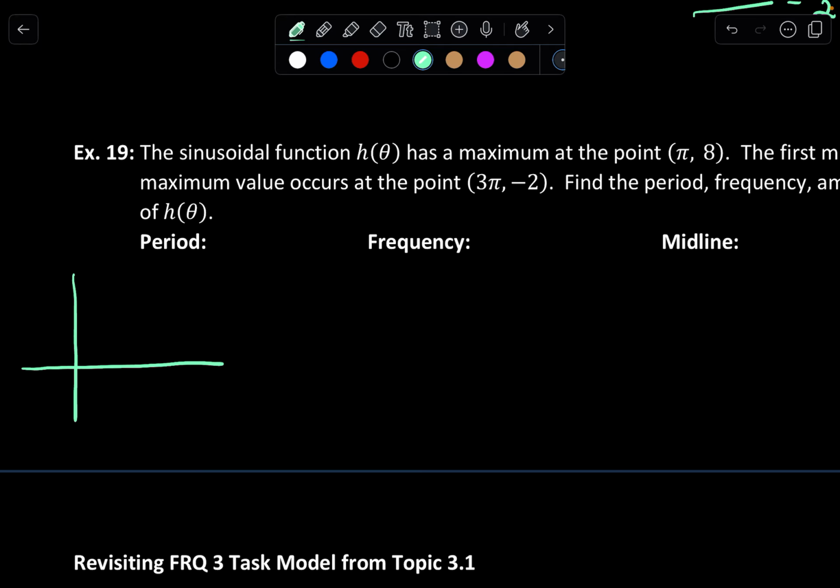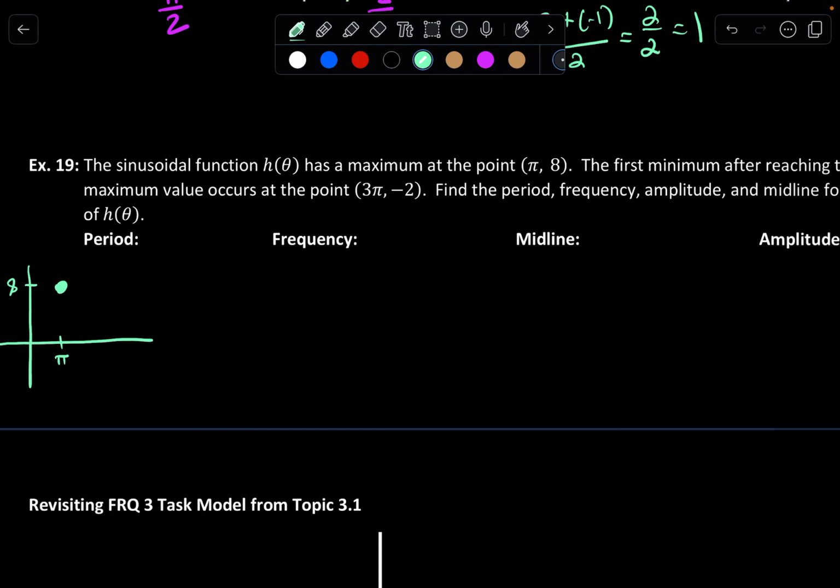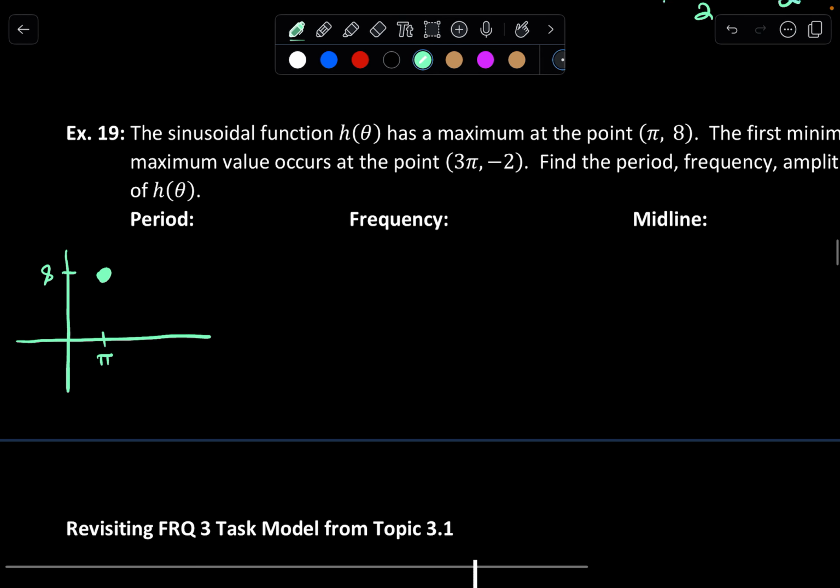So our maximum is at (pi, 8). So we'll have pi, and then we'll have 8. And then our minimum is at, where is it? (3 pi, -2). So now we're going below -2.